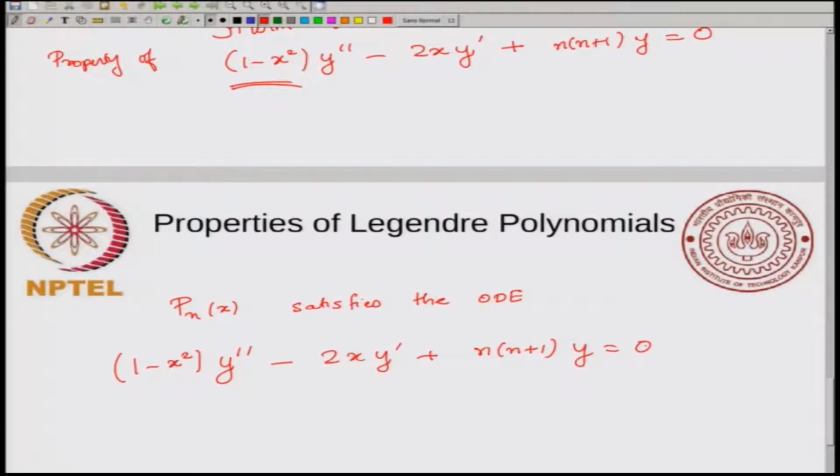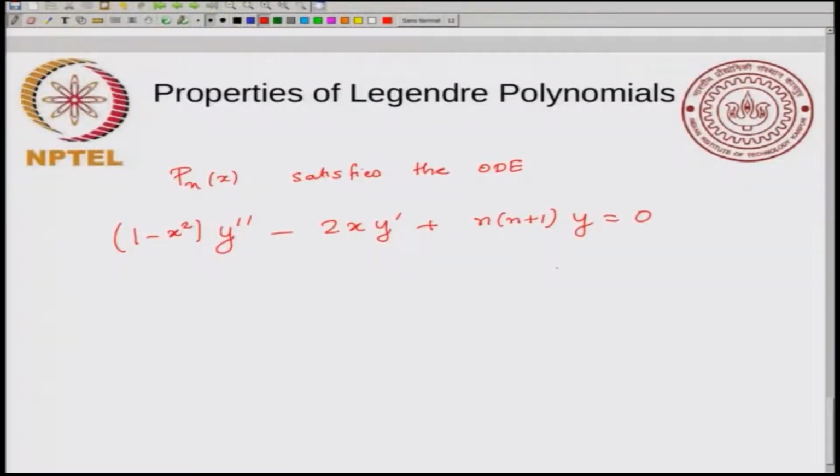A point that I should emphasize here is that different Legendre polynomials satisfy different ODEs.